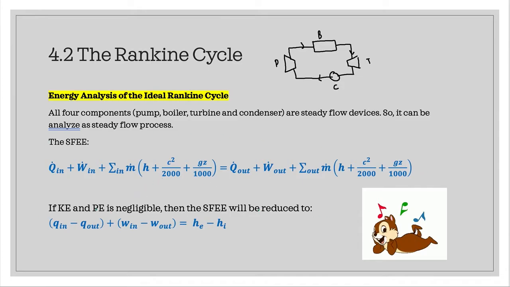Since kinetic energy and potential energy are negligible, the SFEE reduces to this equation: Q in minus Q out plus W in minus W out is equal to enthalpy at the exit minus enthalpy at the inlet. So you have to remember this.